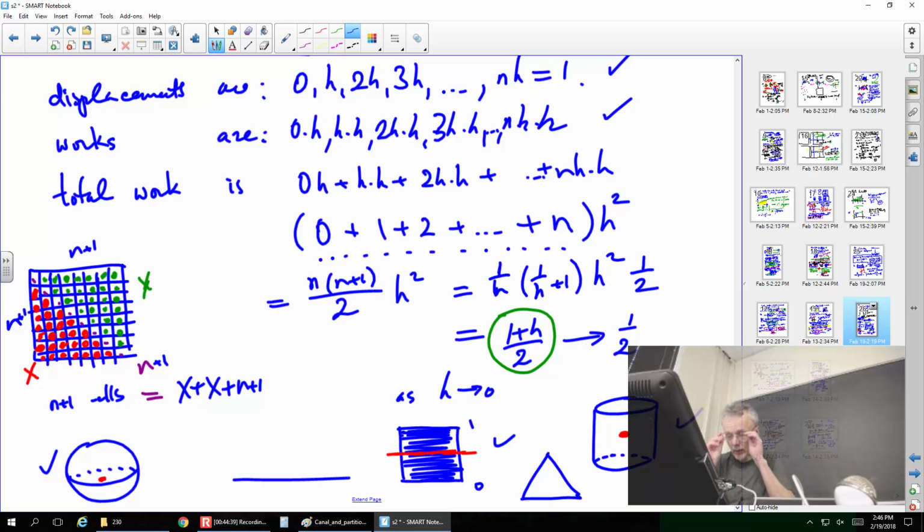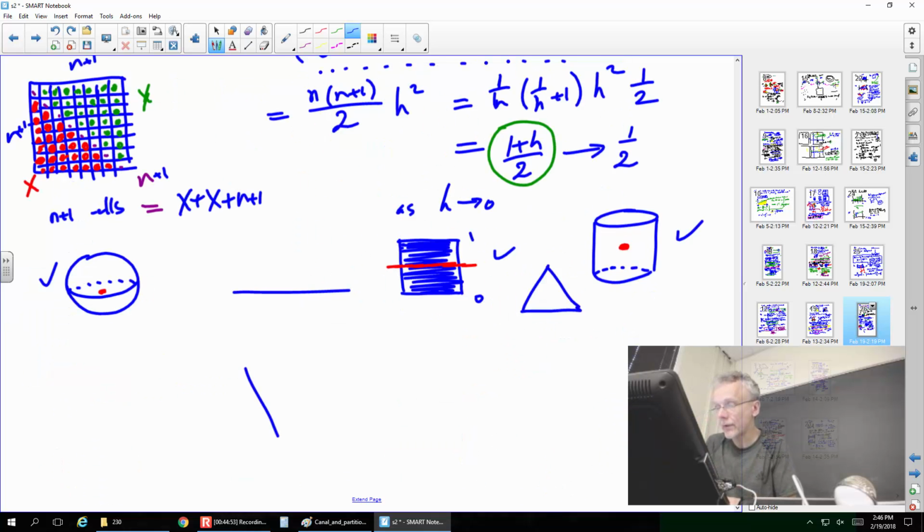This way or upside down, the question is frequently posed in the form of a cone. A cone filled with water, and how much work does it take to fill it? A cone, maybe upside down, just to keep it straight rather than thinking about the tank. You have a cone, and you're filling it with water, maybe like this.